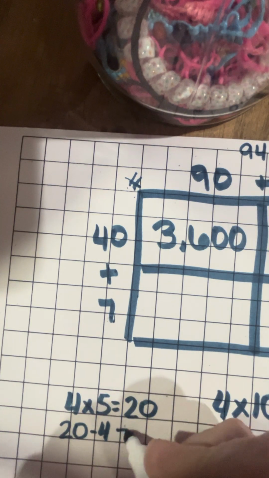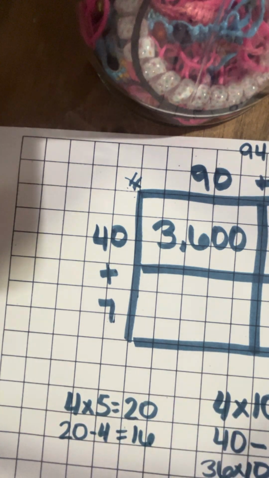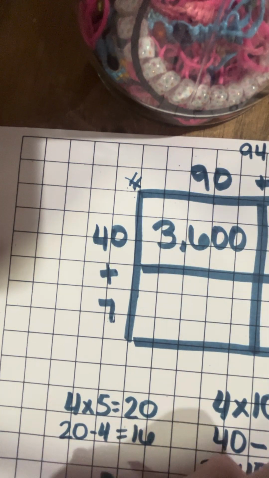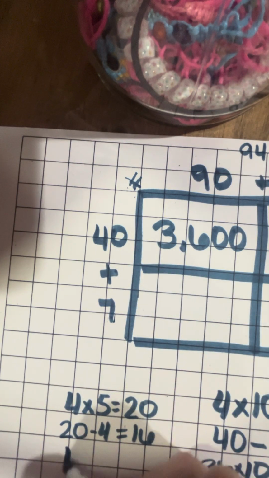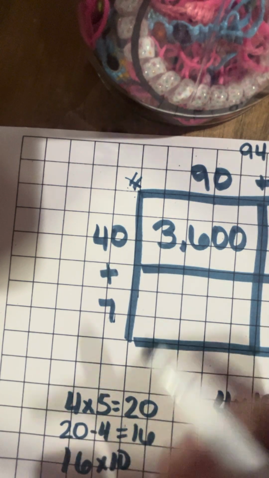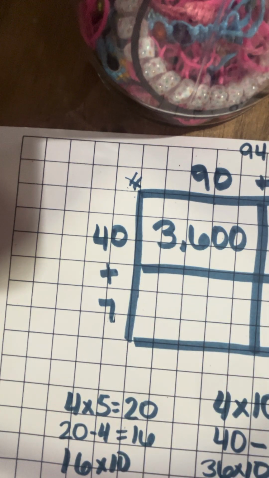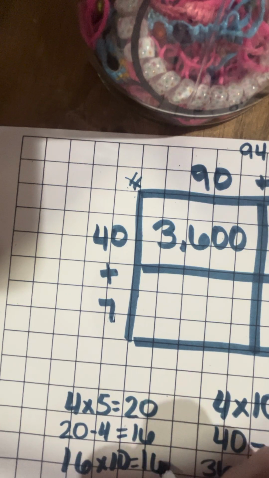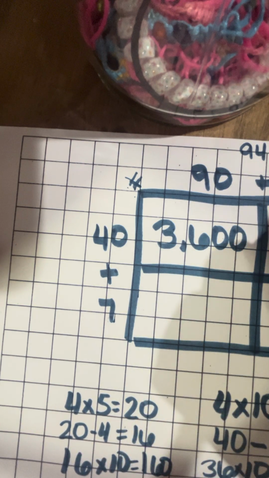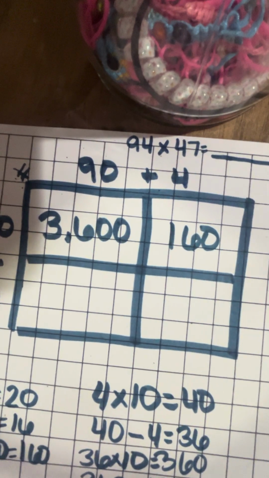And that's going to give me 16. So I know that 4 times 4 is 16. So I need to multiply 16 times 10 because 40 is 10 times more than 4. 16 times 10 is going to give me 160. And I'm going to write that in this box here.